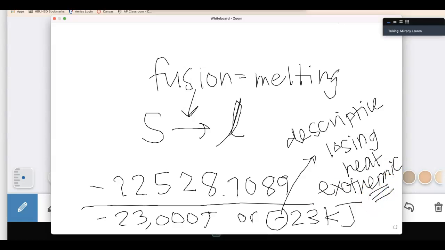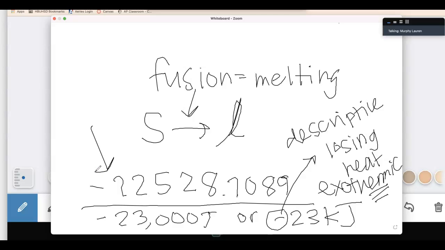A negative Q or a negative H means exothermic. That is an important term, exothermic. Heat is exiting, leaving, lost, given off. And so these types of problems release heat. They lose heat.